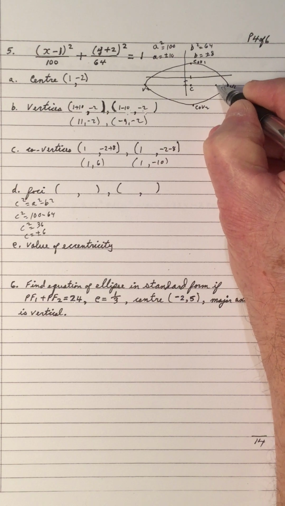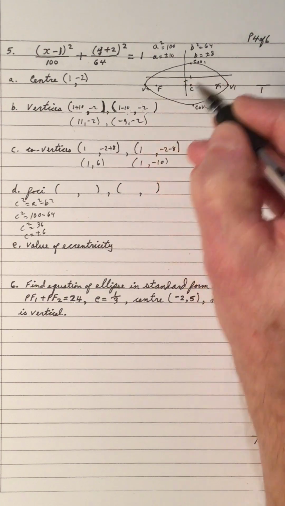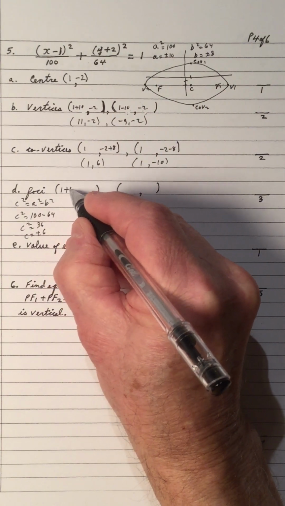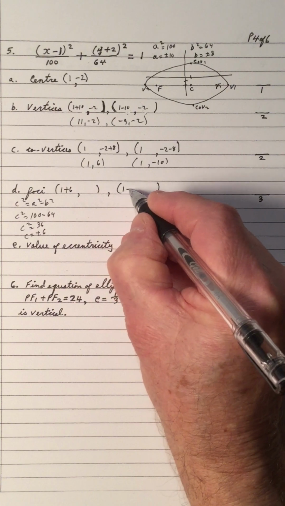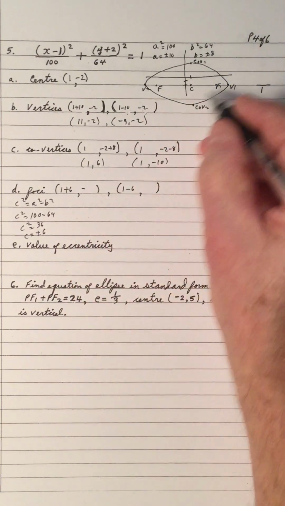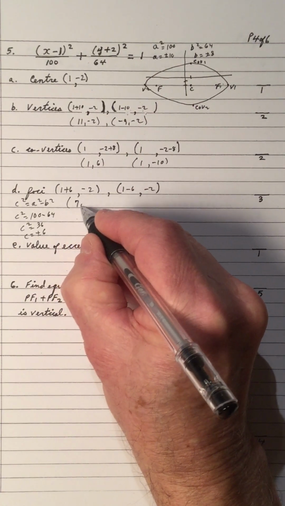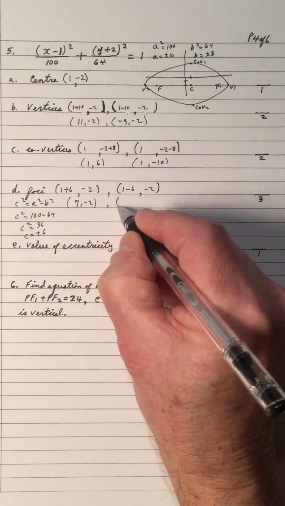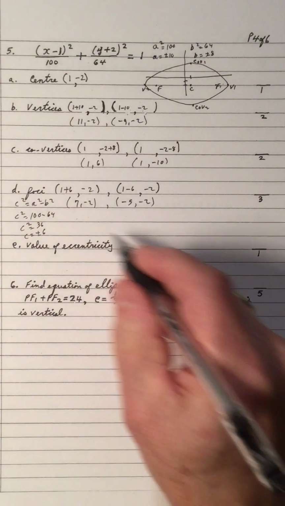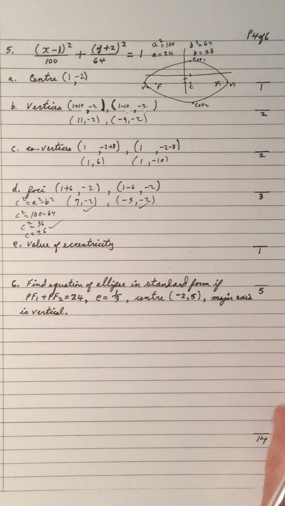So this is focus 1 right here, and this one is right here. So we take the 1 and we add on 6, and we take the 1 and subtract 6. And the y value doesn't change when you go left and right, so it's negative 2, negative 2. So this one is (7, -2), and this one is (-5, -2). So if you have these two correct, you give yourself 3 marks.